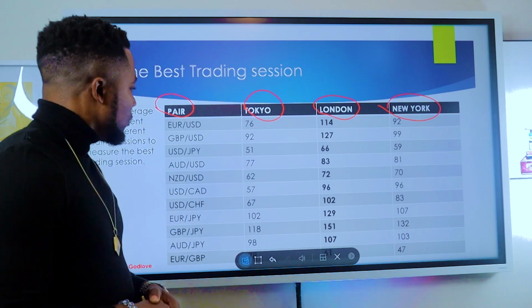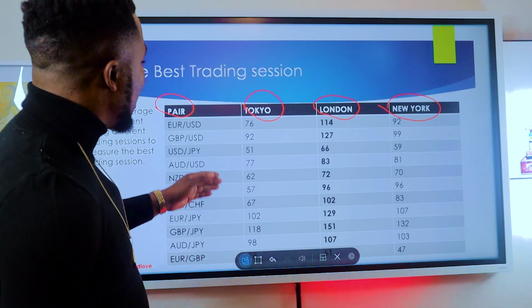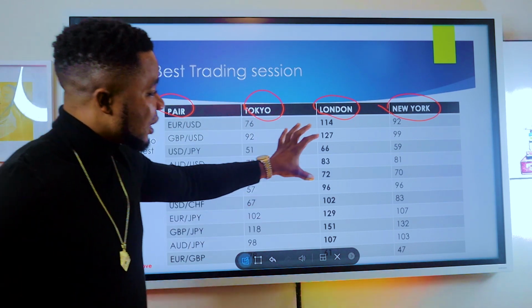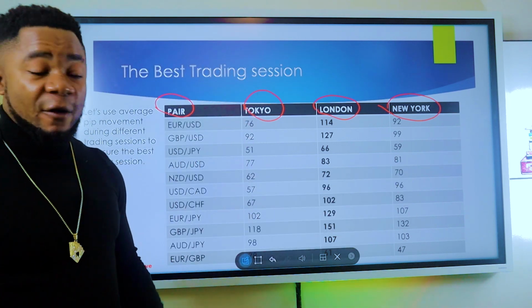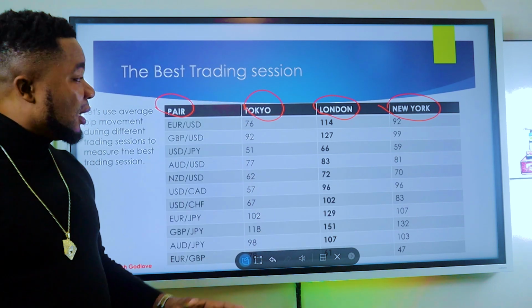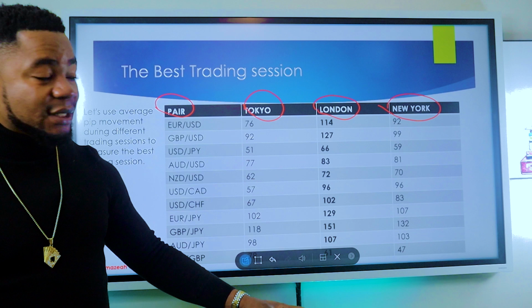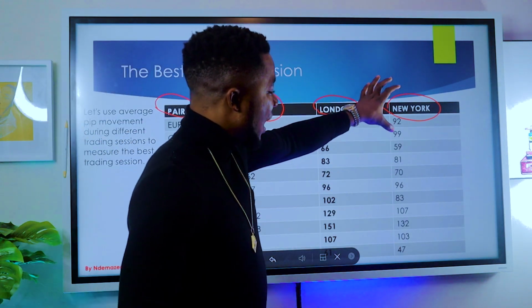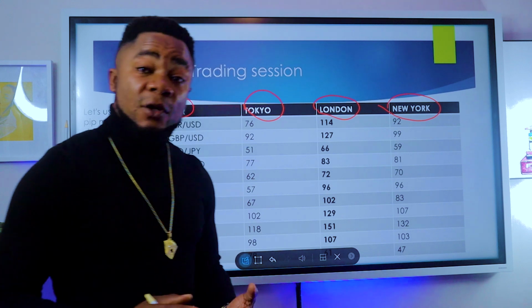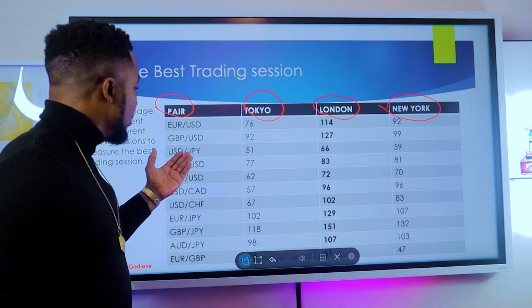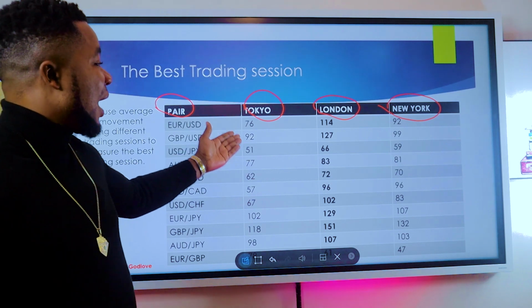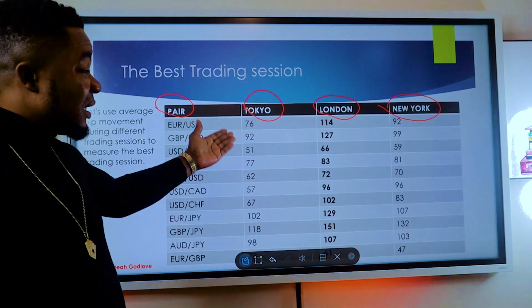So you can see here we have the currencies and the averages. All these figures stand for the average pip movement of the currencies in that particular session. That means before the session opens and closes, this is the average pip movement. Taking something like Euro USD, in the Tokyo session the average pip movement is 76 pips.